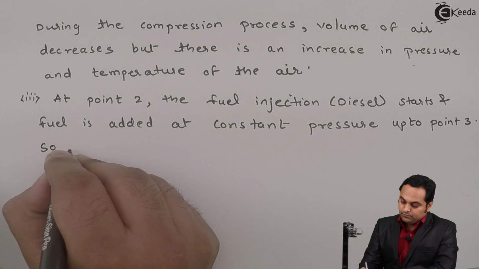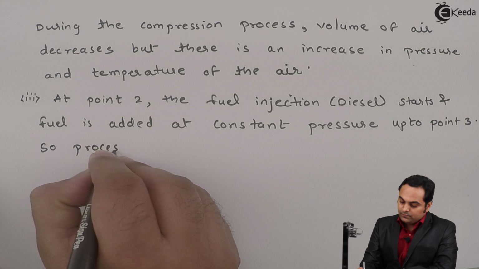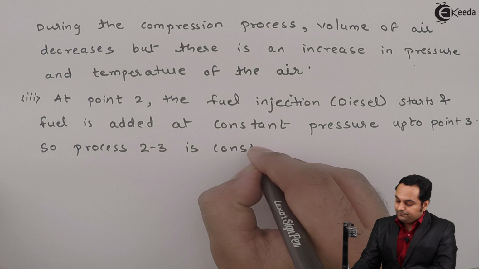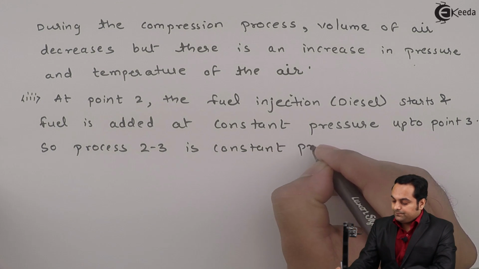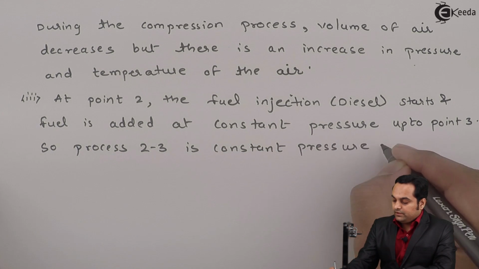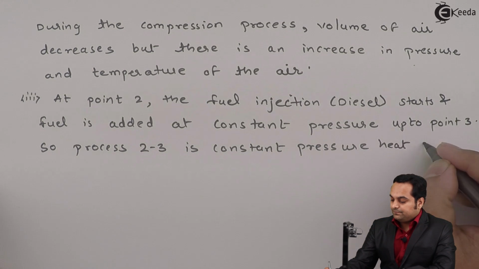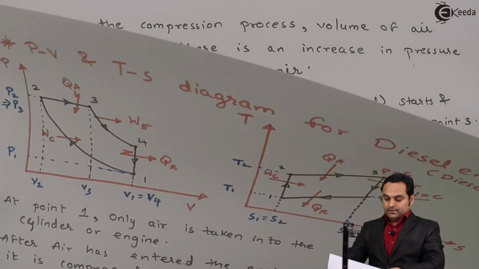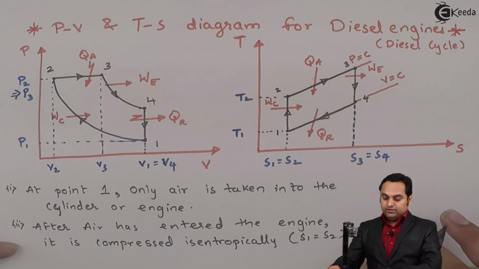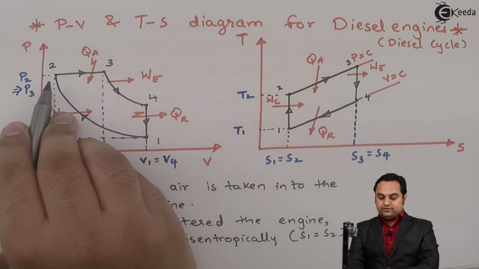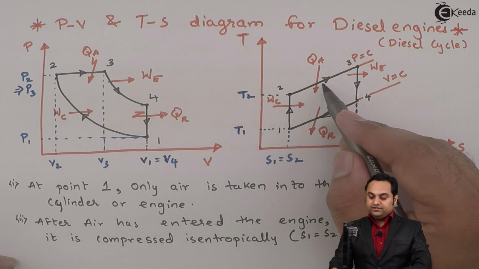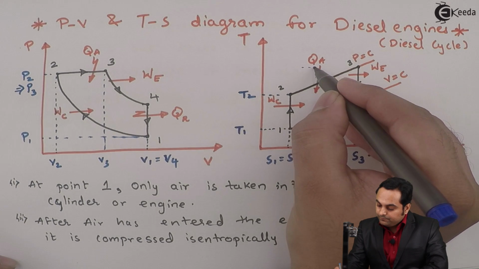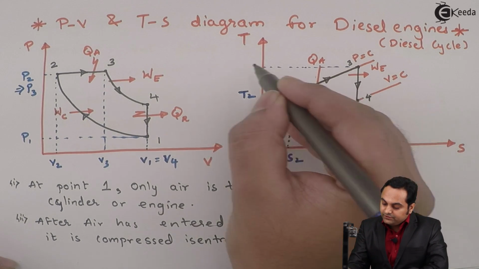So process 2 to 3 is constant pressure heat addition. As we can see, from process 2 to 3 the heat has been added at constant pressure, and there is an increase in temperature from point T2 up to point T3.